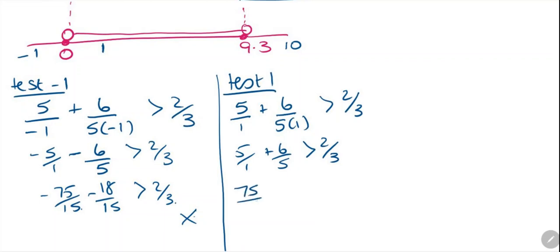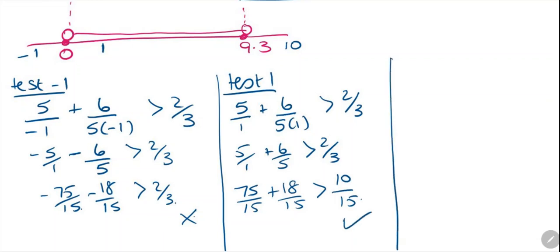So 75 over 15 plus 18 over 15, and then 5 times, that's going to be 10 over 15. We can see straight away that this, yes, it is more. So that works. So now we need to test the last one, which is 10.